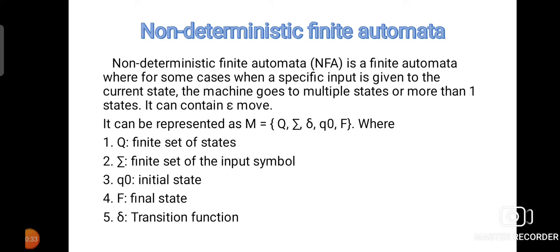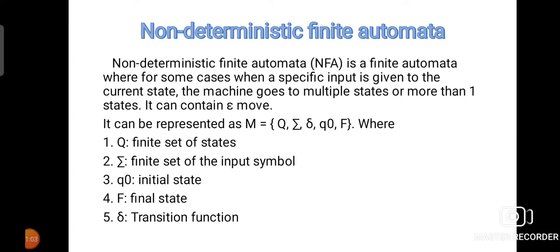We have to understand the concepts by differentiating NFA, non-deterministic finite automata, from DFA. In DFA, deterministic finite automata, from a state for a specific input symbol, only one state transition is possible. But in non-deterministic finite automata, from a state for a specific input, more than one state transition is possible.